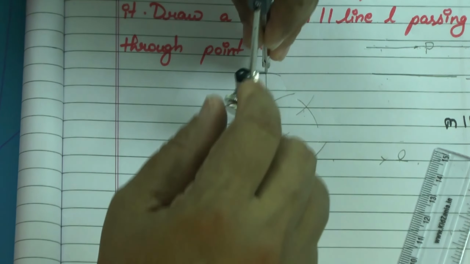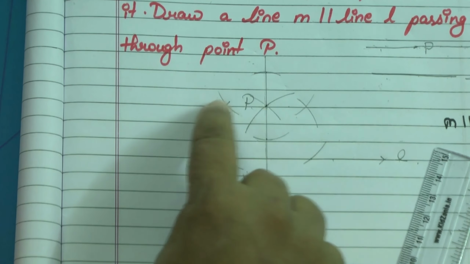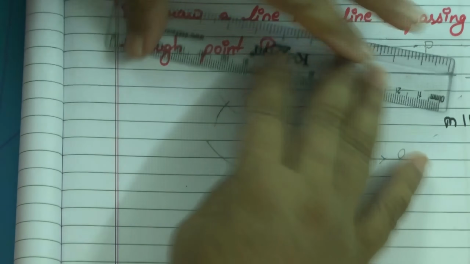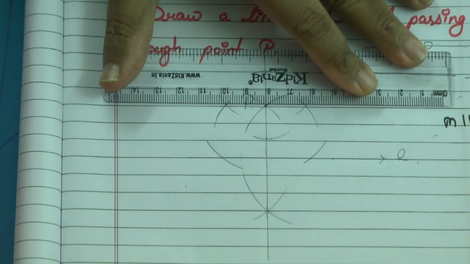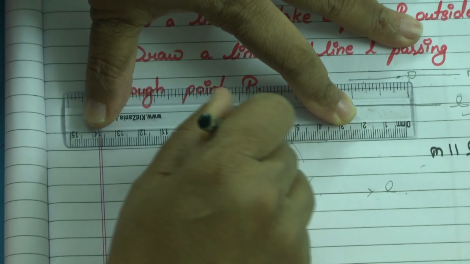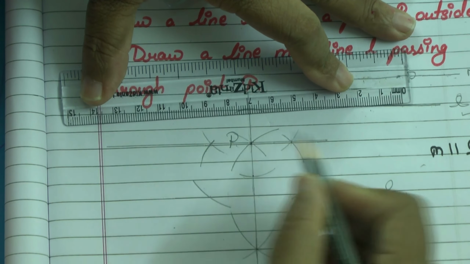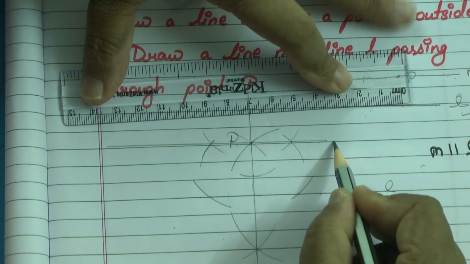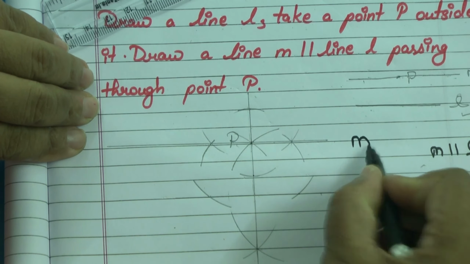Give arc here and give arc here. You see, join these 2 points. Now draw a line. That line is passing from the point P and label it as M.